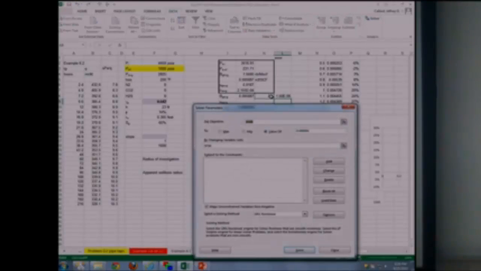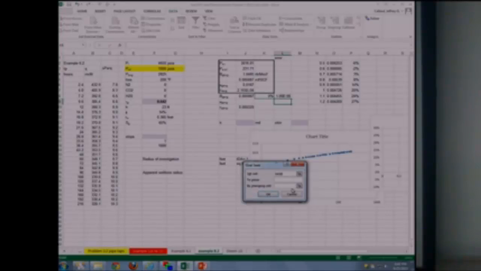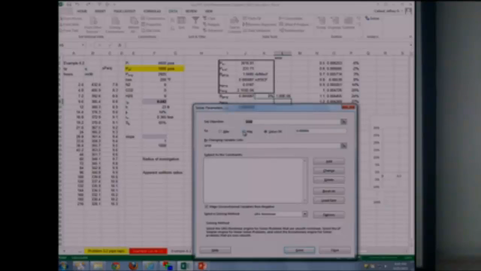I want to, okay, K8, the value of K8. Oh, I see. You got to type that in by changing F9. Okay, so let's use goal seek. Not goal seek, but a minimum. Set K8 to a minimum by changing F9.